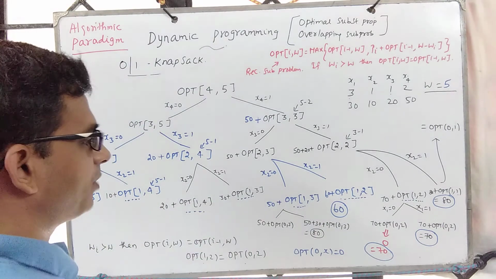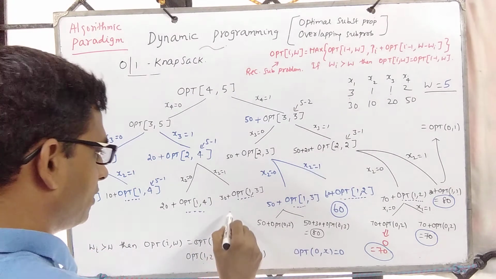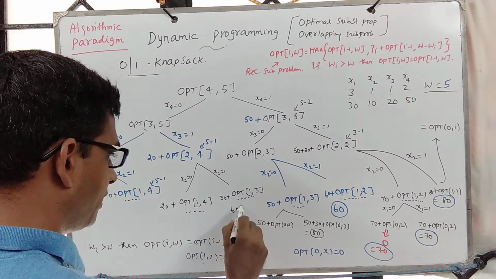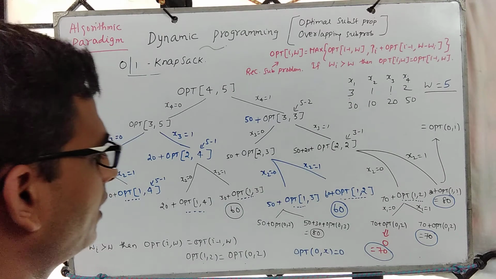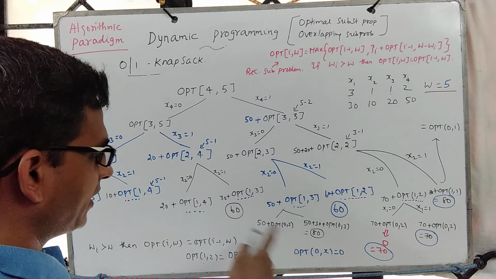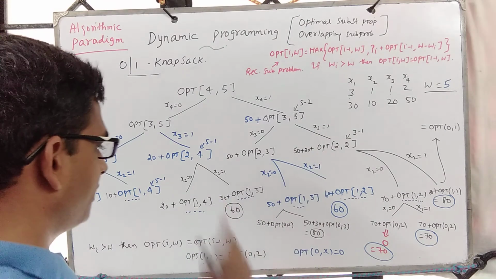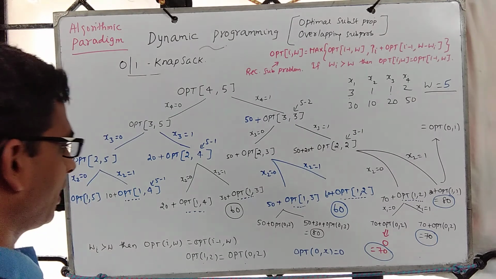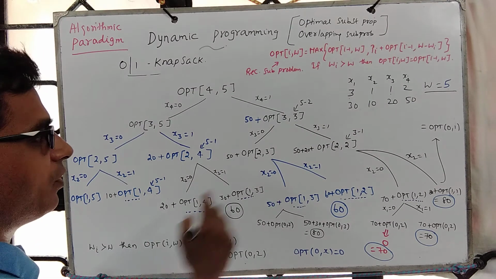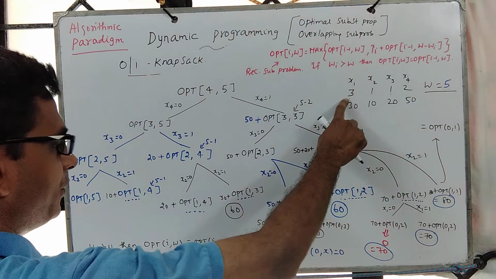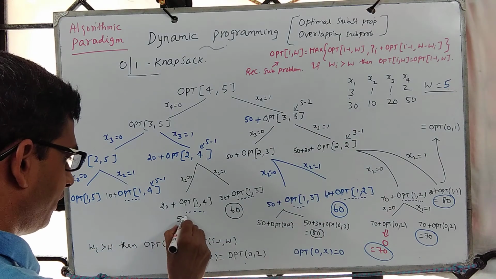And opt of 1 comma 3, it says you include this, so value returned from this will also be 60. One branch will tell you 0 comma 3, another branch will tell you 30 plus 30, 60. And on this branch, one branch will tell you 0 comma 4, another branch will tell you include this, so we will get 50.